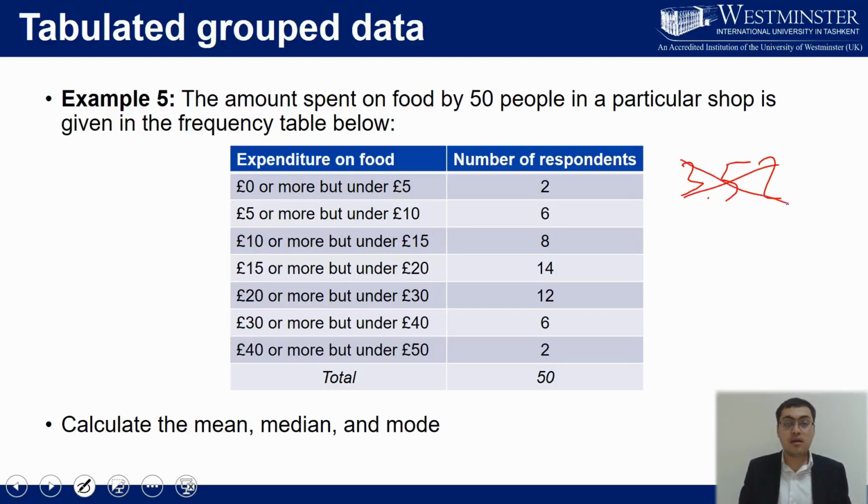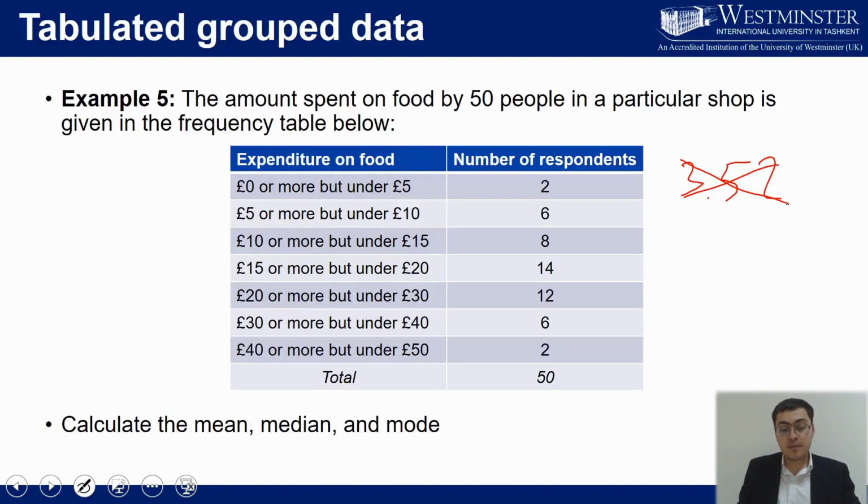Instead, all these recorded observations have been put into small ranges or categories, and then the number of observations that fit into those ranges were recorded. Now, if we want to calculate the mean, median, or mode on this data set, we're going to have to make some assumptions.